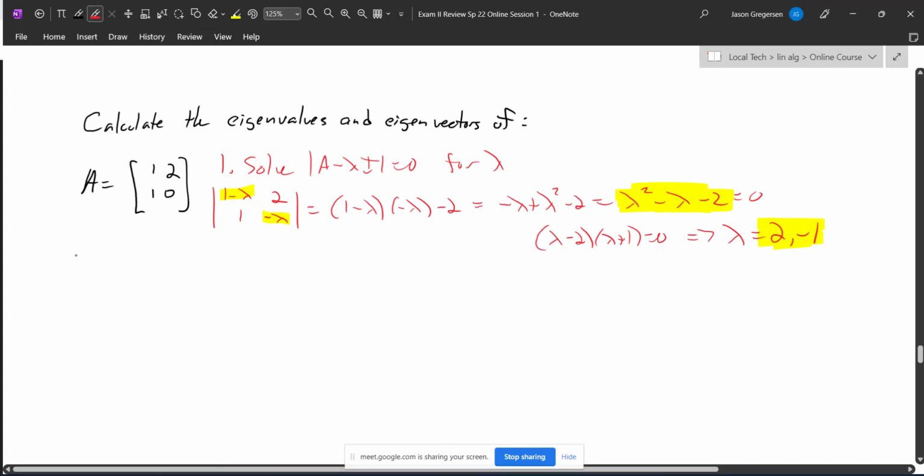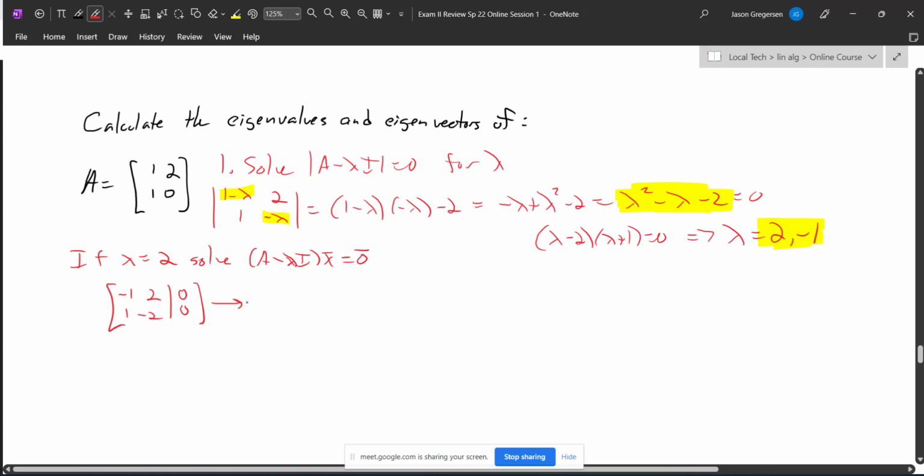From here, I'm going to say if lambda equals 2, I will then solve my homogeneous matrix equation (A minus lambda I) times x equals 0. So I take A and I subtract 2 on the diagonal, augment with 0, and I do my row reduction.